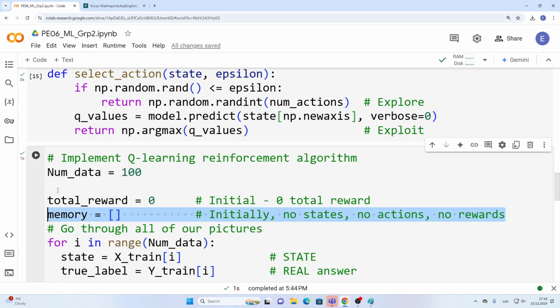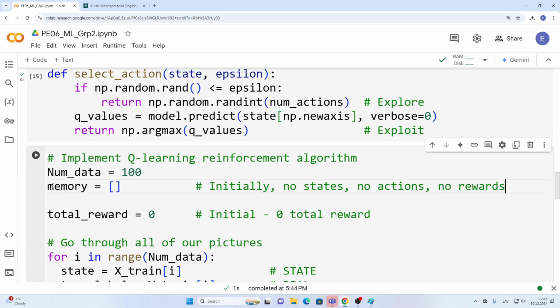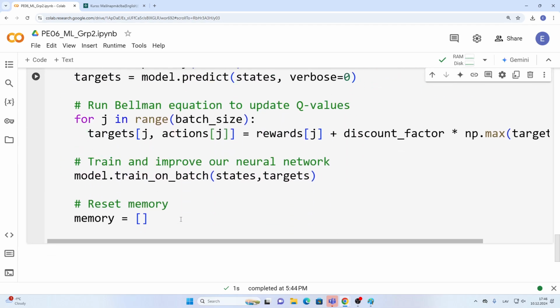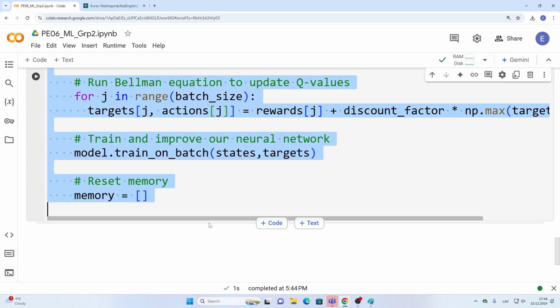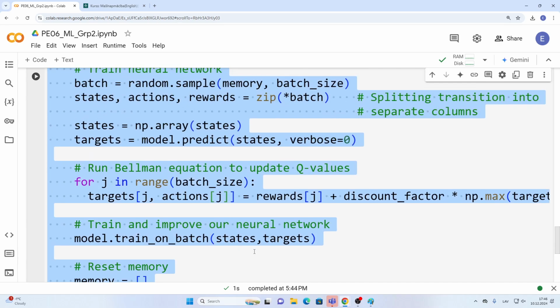So let me move this line a little bit here. But other than that, everything else, all of this stuff, I will need to make in a for loop to go over all the episodes I want. Yes, so this is just one episode.